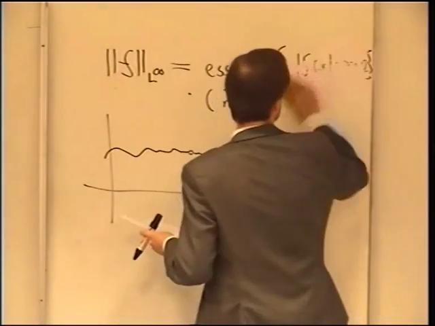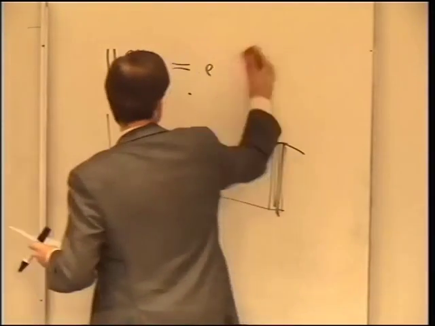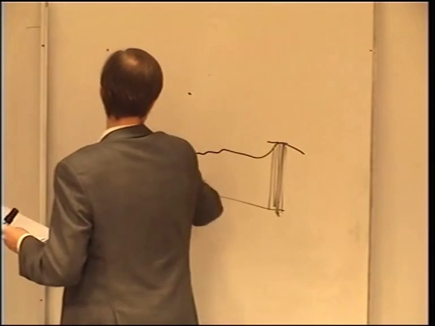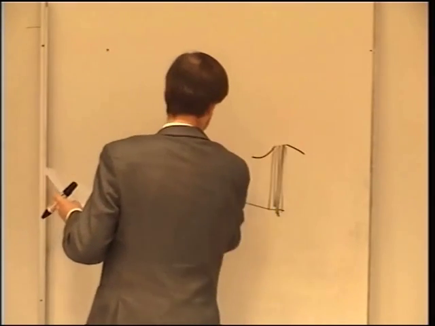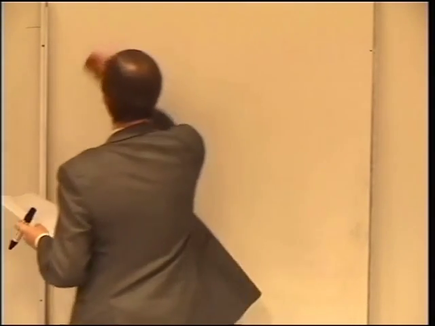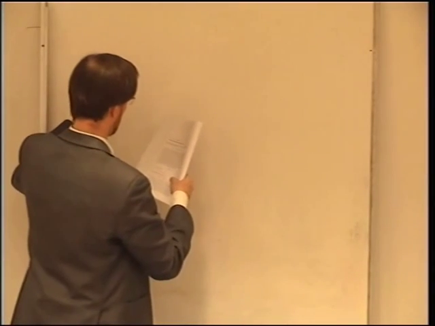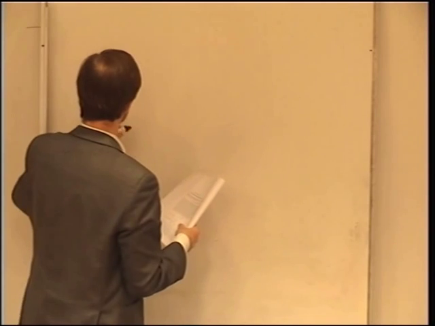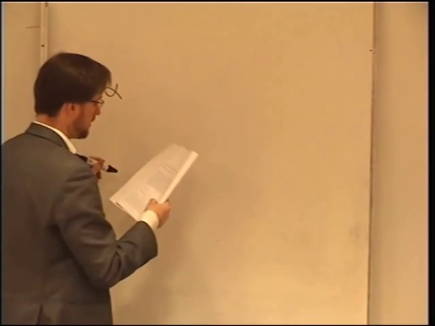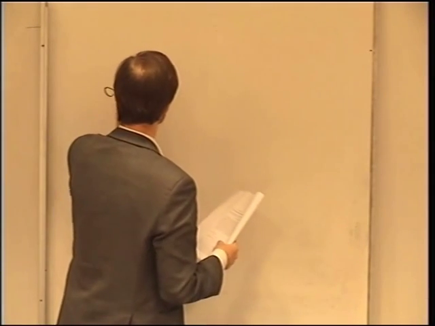A multi-index, which they're going to call alpha in the relevant circumstances, is always a tuple. So what does that mean?